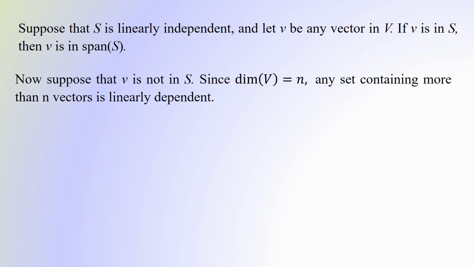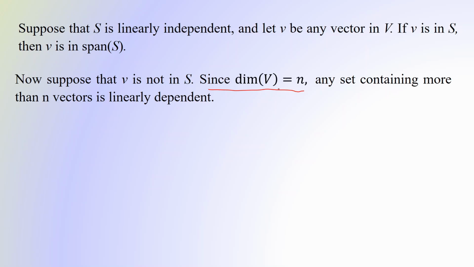Now suppose that v does not belong to S. We are going to prove that any set containing v is linearly dependent. Since the dimension of V is equal to n, any set containing more than n elements is always linearly dependent.